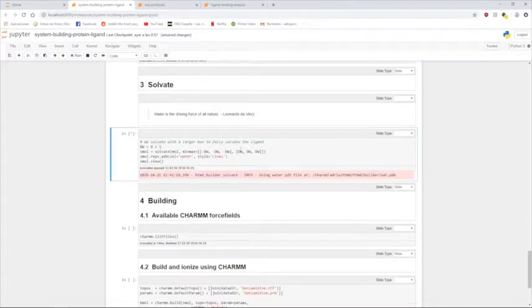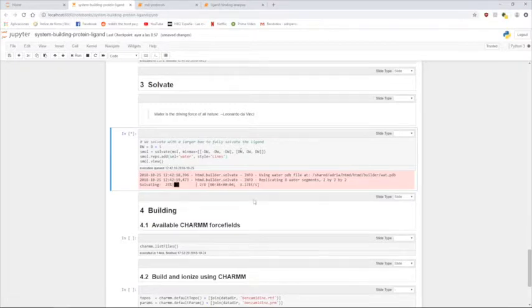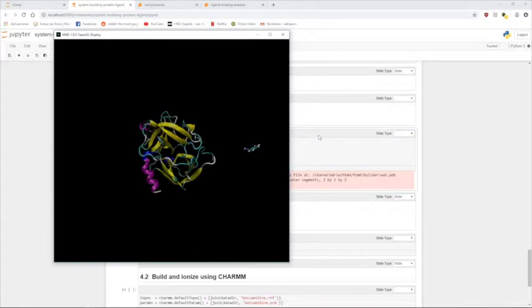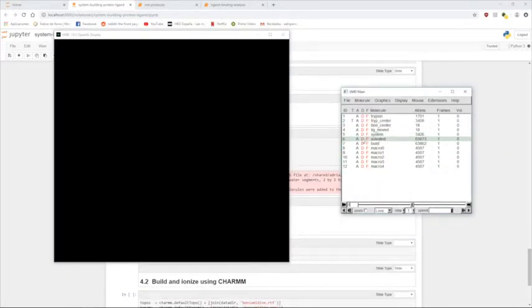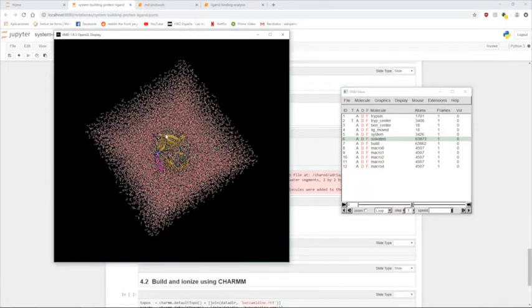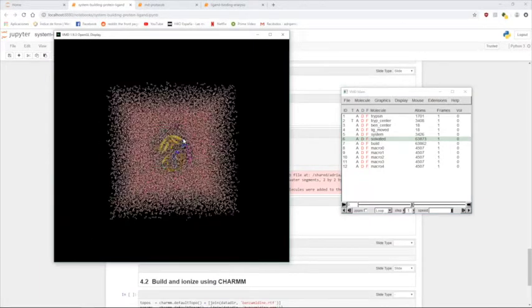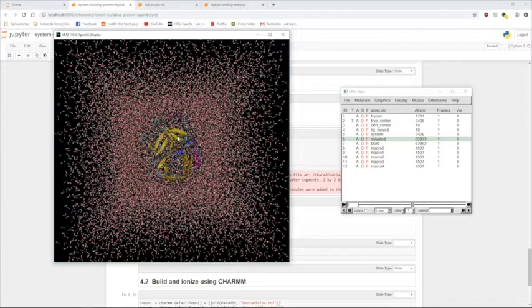So we'll run this. It takes a little bit, but it's quite fast. Because I already have it loaded here, this is how the solvated system looks. We have this box that we have created with the water molecules, which are these small things.